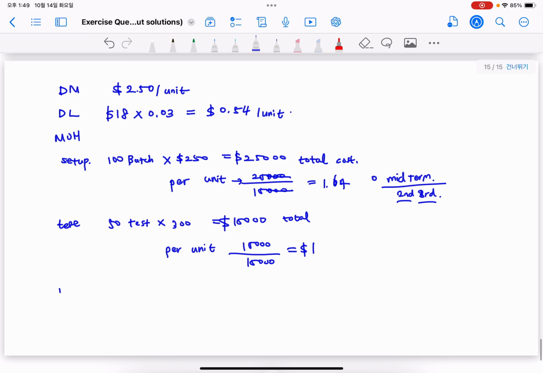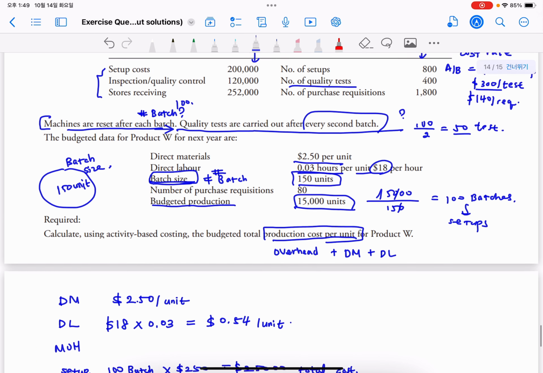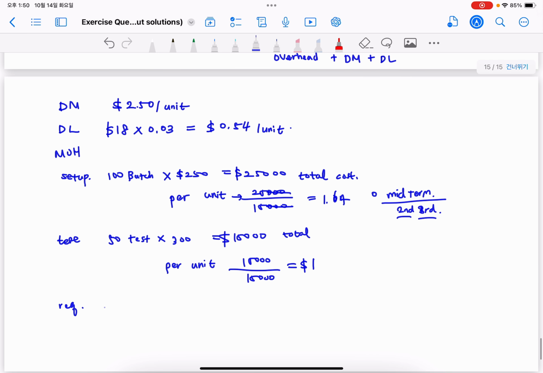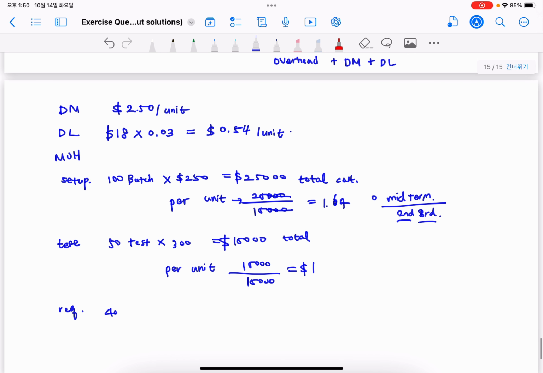Last is the purchase requisition. Okay. So here there are 80 purchase requisitions, and for each requisition, it takes $140 of the indirect costs. So 80 requisitions times $140 per requisition, then you will get 11,200 in total.